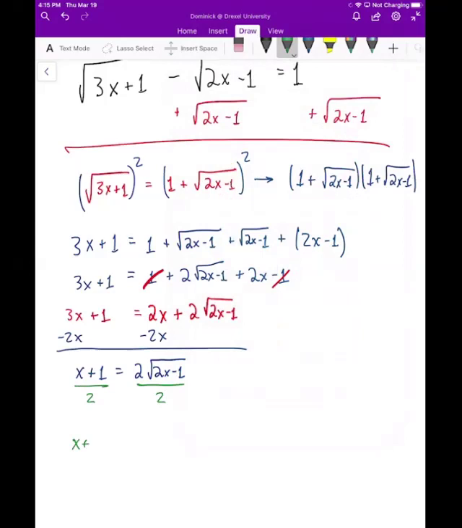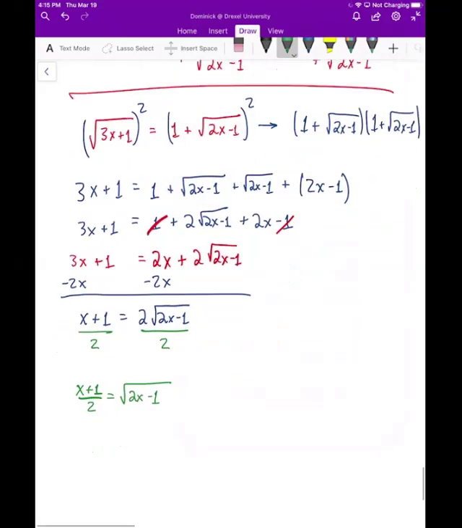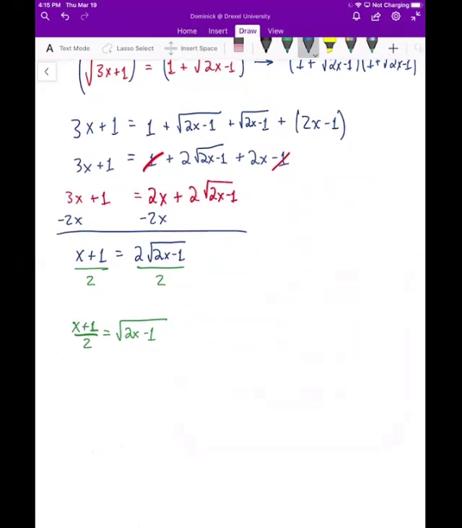So then we have that x plus 1 over 2 is equal to square root of 2x minus 1. So now we can square both sides, and then we won't have any radicals left. Right? So I'm actually going to write the left-hand side as 1/2 squared times x plus 1 squared. And then the right side will just become 2x minus 1.